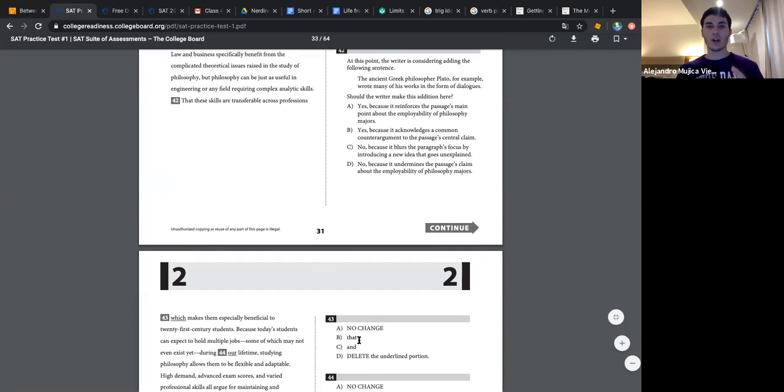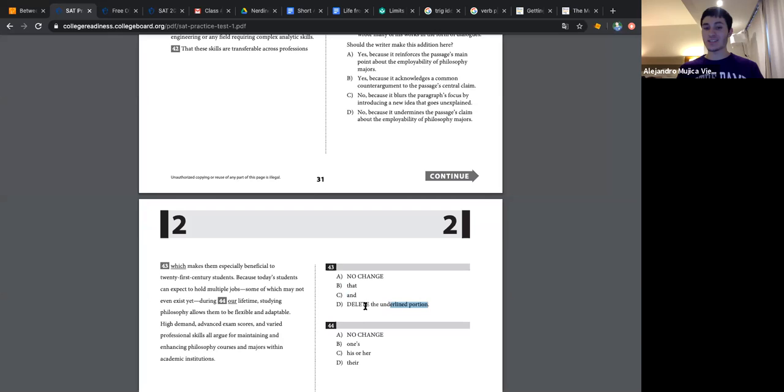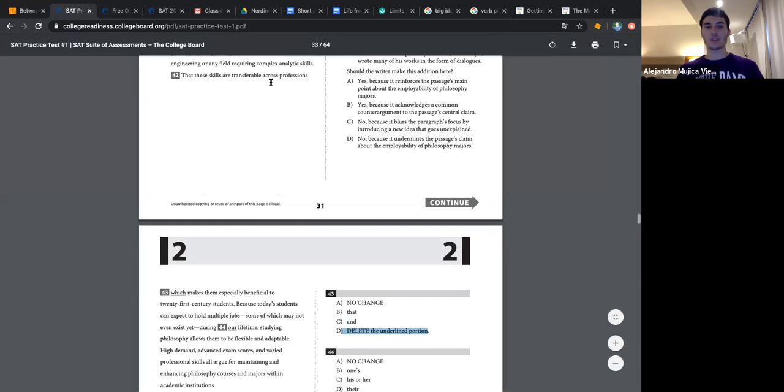That these skills are transferable across professions and makes them, no, because we're not really coordinating two equivalent clauses in that case. So the right answer is deleting the underlined portion to leave it as that these skills are transferable across professions makes them.